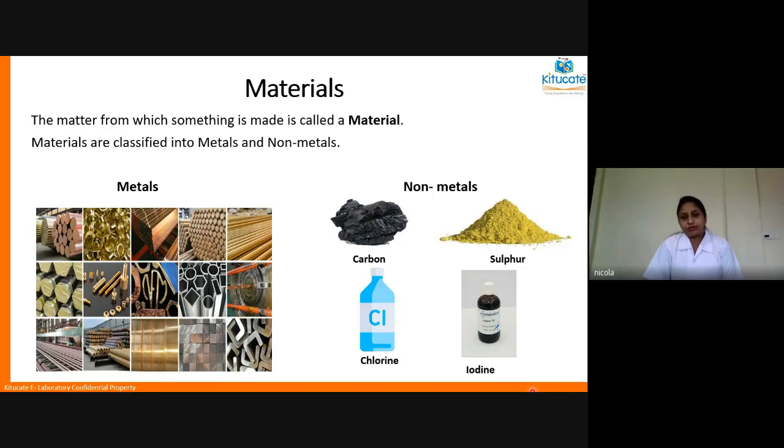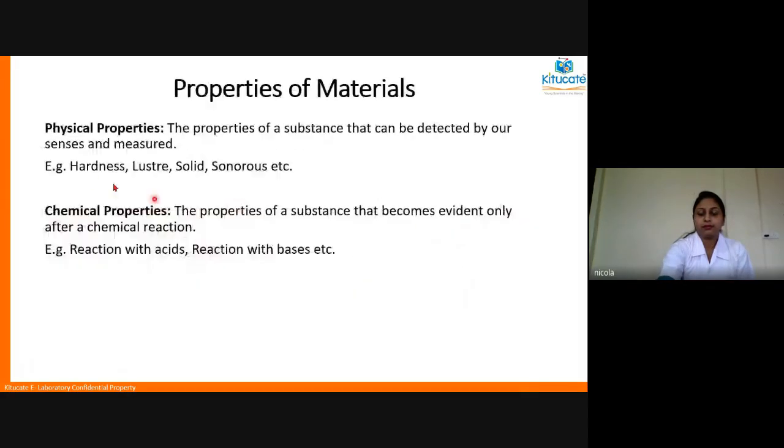Okay, in the last class we already discussed that materials are of two types, metals and non-metals. Okay, next slide. So physical properties are the properties that can be detected by our sense organs.